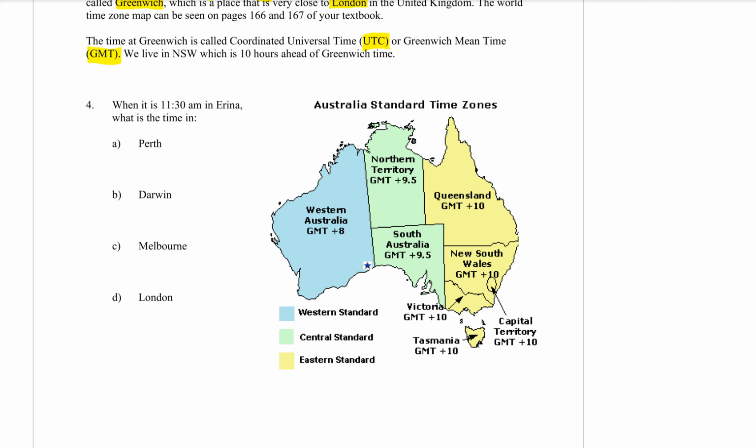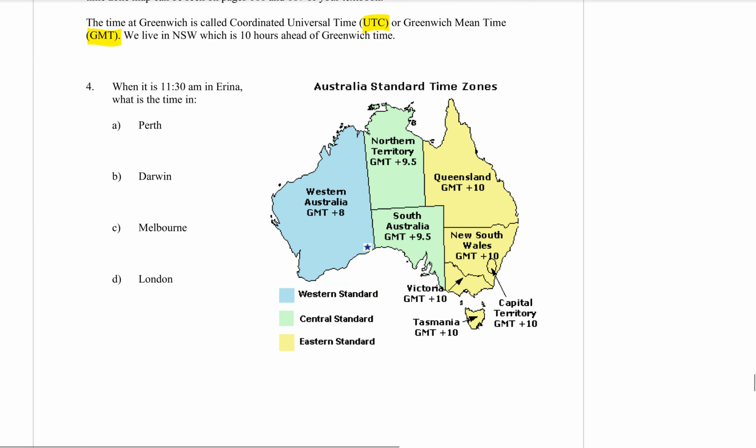We live in New South Wales, which is 10 hours ahead of Greenwich Mean Time. So you will see that written like this here. So here in New South Wales, the GMT, or the Greenwich Mean Time, we are plus 10 hours. That means that we are 10 hours ahead, because plus 10, we're 10 hours ahead of London, or the Greenwich Mean Time.